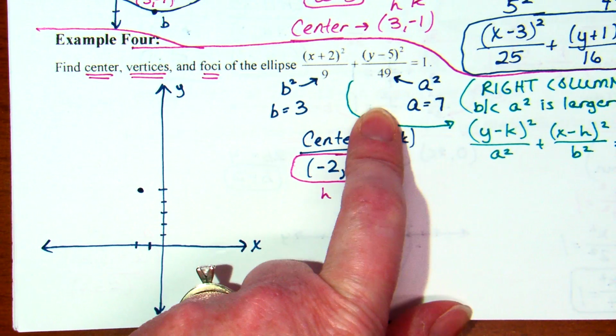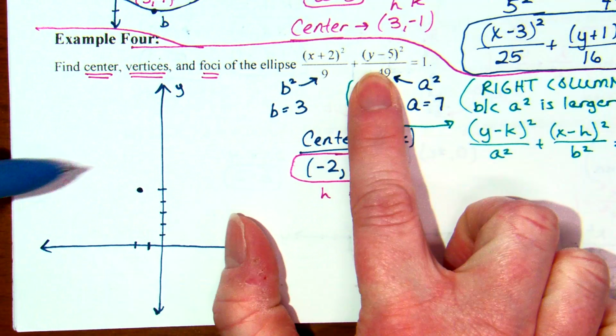So your A value, because it's under the Y coordinate, tells you how far to go up and down. This is why I wanted to graph this, because I feel like this is a connection that hasn't been well made yet. Because A is 7 and A is under Y, in the Y direction I'm going to count up 7 and down 7.